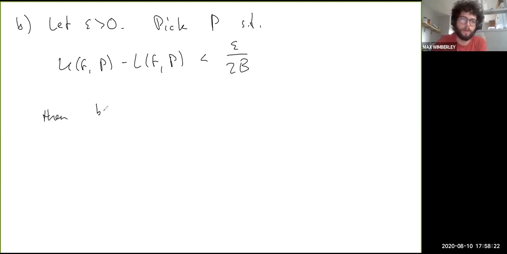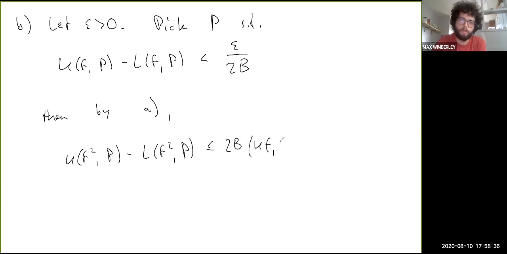Then by A, U of f squared, P minus L of f squared, P is less than or equal to 2B times U of f, P minus L of f, P, which is less than epsilon.